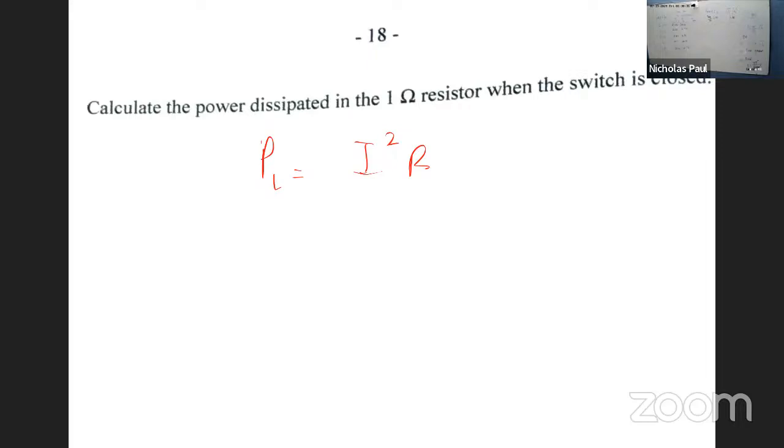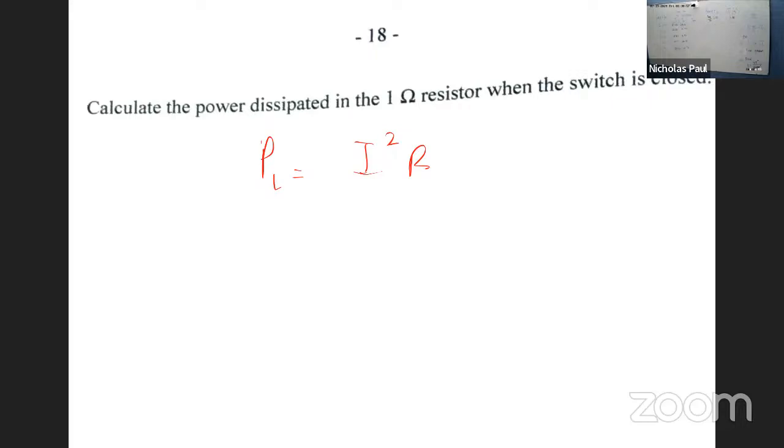And what's the value for I and what's the value for R? R is how much?